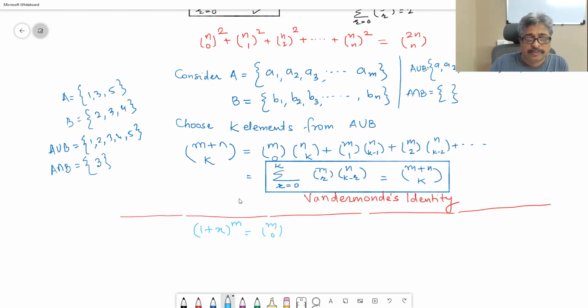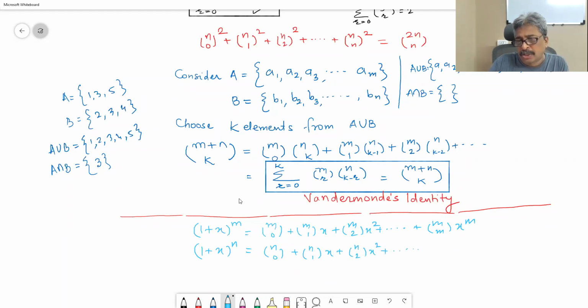M choose 0 plus m choose 1 x plus m choose 2 x square plus dot dot dot plus m choose m x raised to m. Correct? 1 plus x raised to n is equal to n choose 0 plus n choose 1 x plus n choose 2 x square plus dot dot dot plus n choose n x raised to n. We know this.